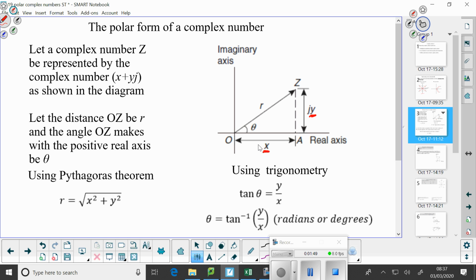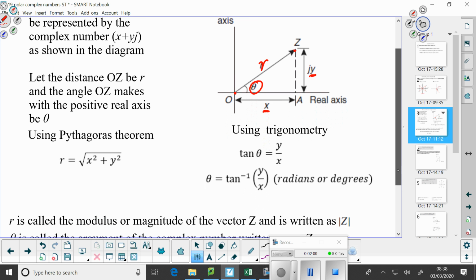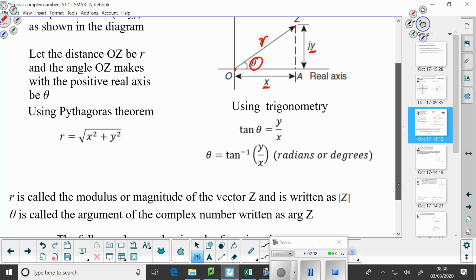We then let the distance O to z equal little r, and the angle Oz makes with the real axis be theta. Then we can use Pythagoras' theorem on the real part and the imaginary part to find the length of that hypotenuse line we've called r.